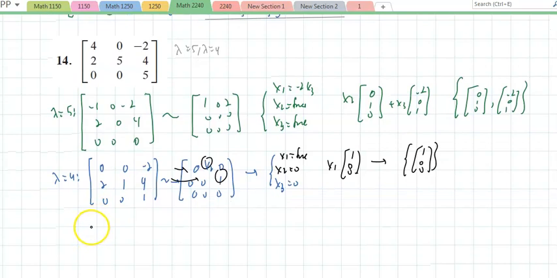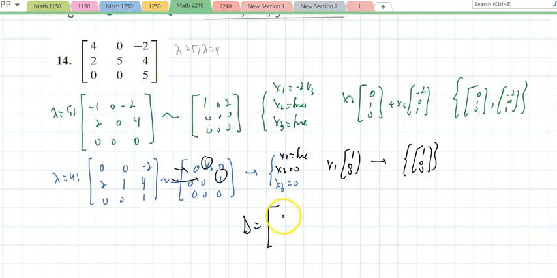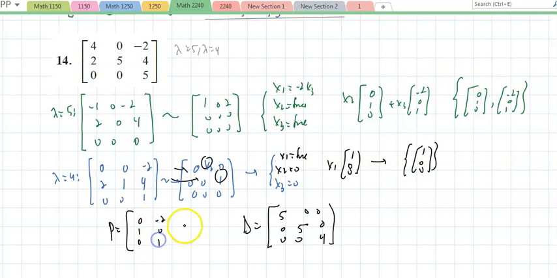So let me put them in order. D is 5, another 5, and a 4. P associated with the first 5 is 0, 1, 0, with the second 5 negative 2, 0, 1, and with the 4 it's 1, 0, 0.